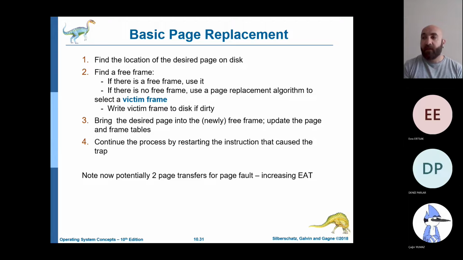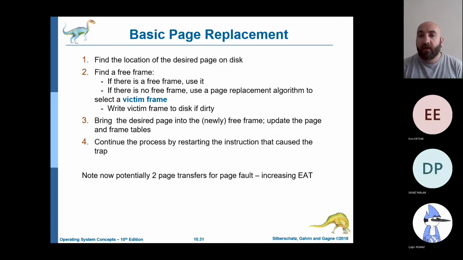If there is no free frame, use a page replacement algorithm to select a victim frame. And then write the victim frame to secondary storage if necessary, and change the page and frame tables accordingly. On the third step, read the desired page into the newly freed frame and change the page and frame tables.